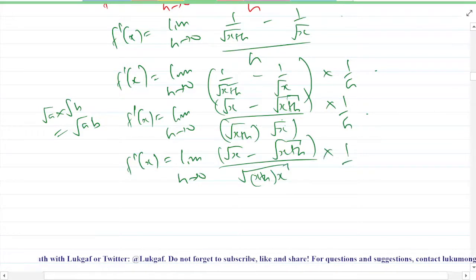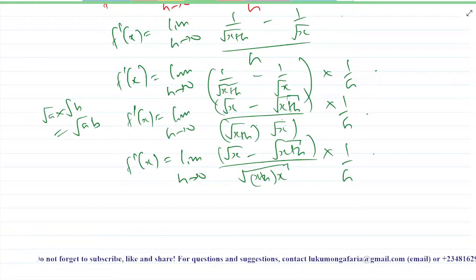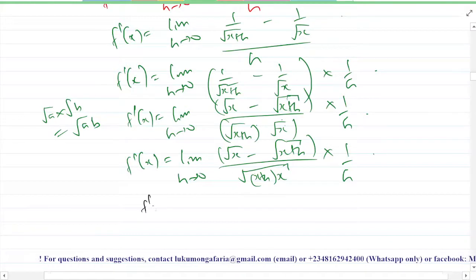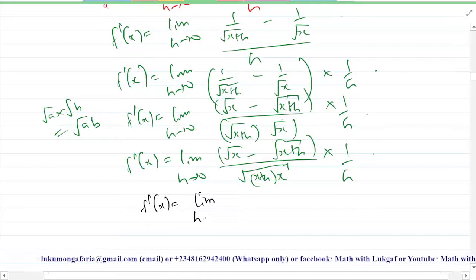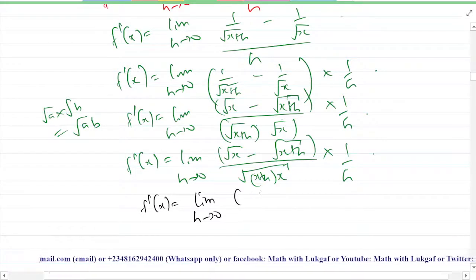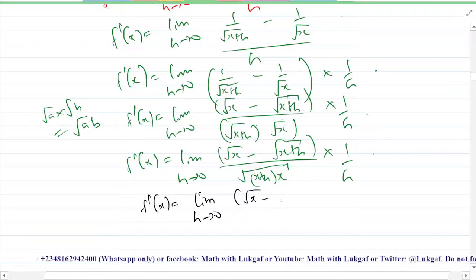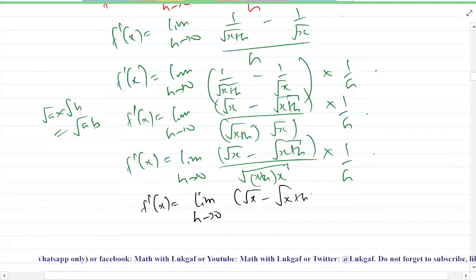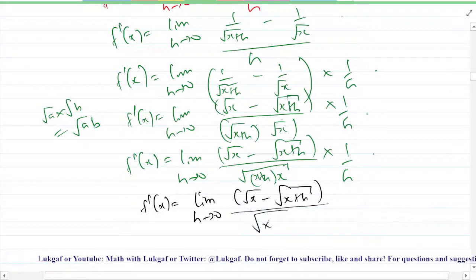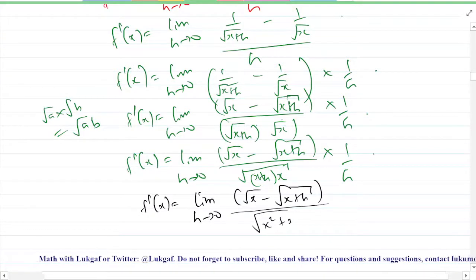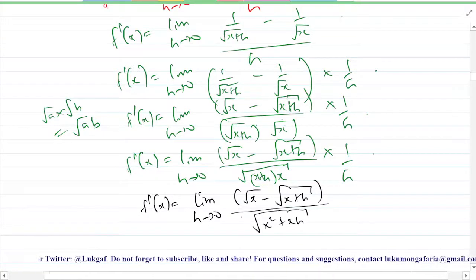Then multiply by 1 divided by h. Okay, now when you simplify further, I'm going to have that f prime of s is the limit as h tends to 0 of square root of s minus square root of s plus h divided by square root of s squared plus sh. Then I think we can have our h here.